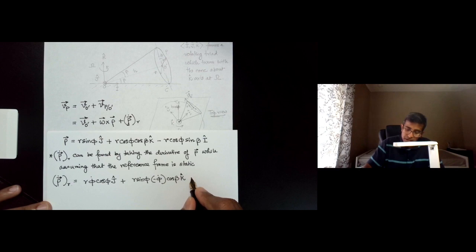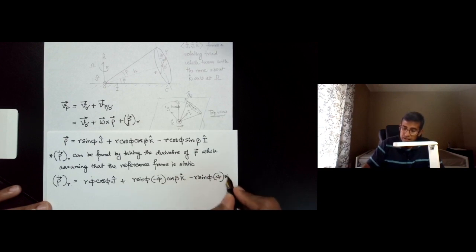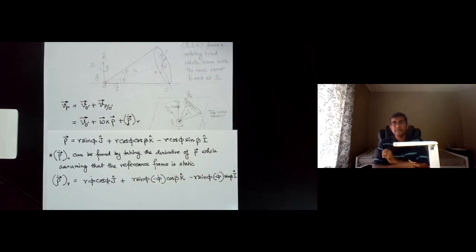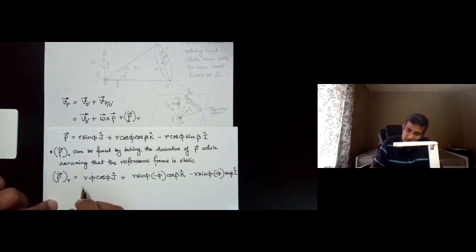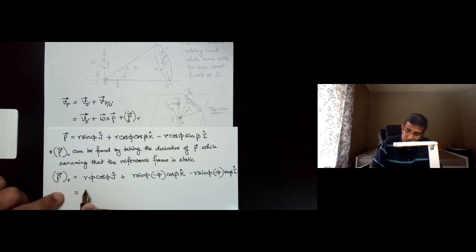Similarly, minus r sine phi times negative phi dot sine beta i. Now we simplify it.